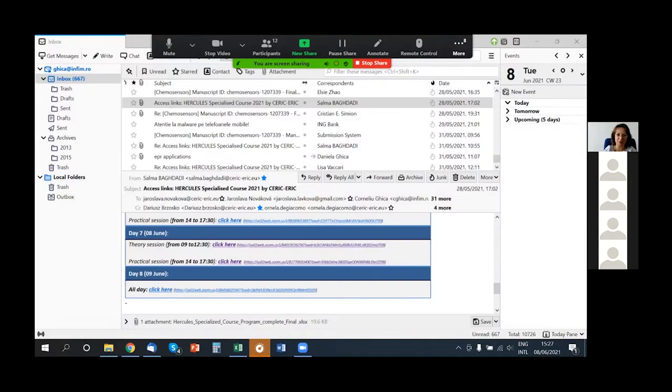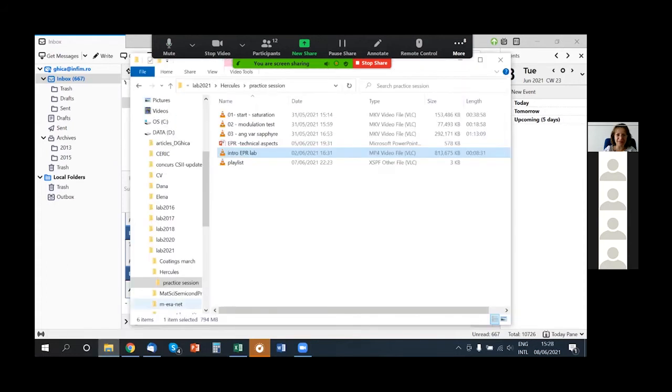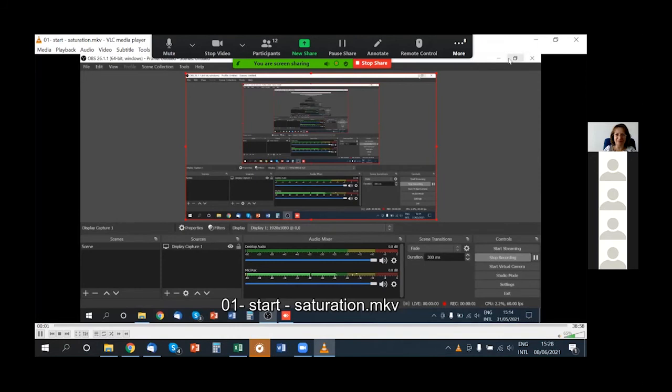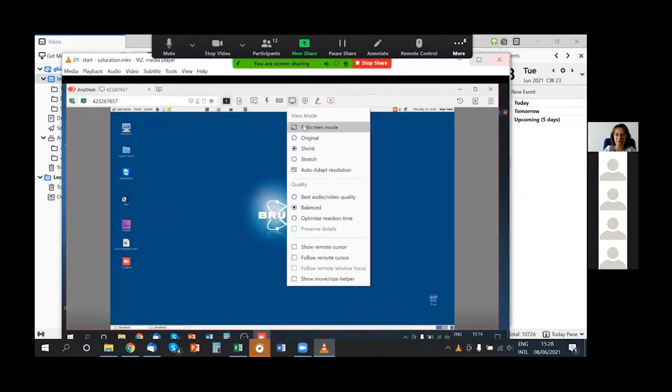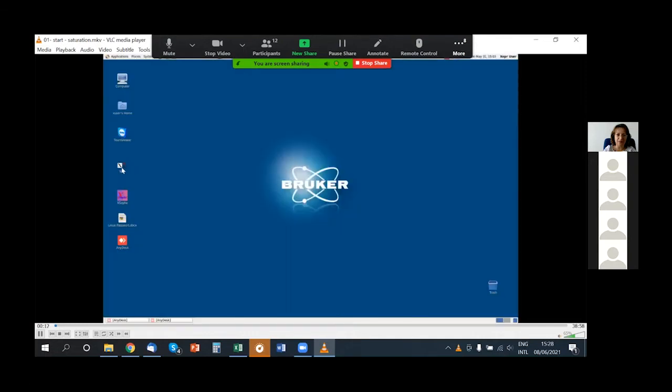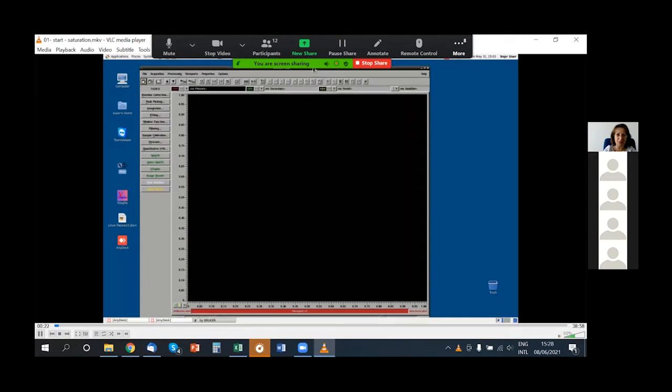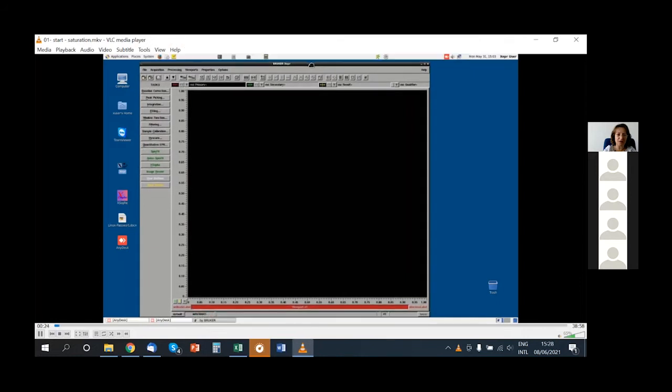Okay, and now we really start to work. So after inserting the sample, the spectrometer was started, and now we start the acquisition program.